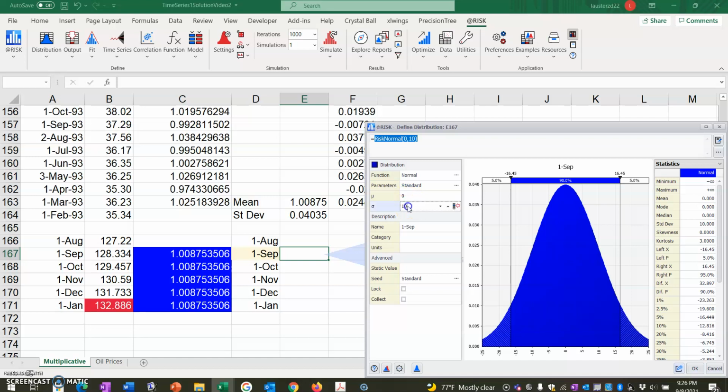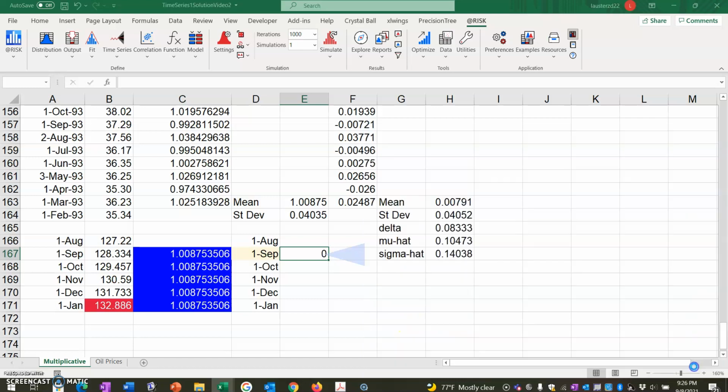So we'll change this default 10 to a 1 and click OK. Now, because that just has numbers in here, this can be copied down. And so that's the random distributions needed to simulate geometric Brownian motion.